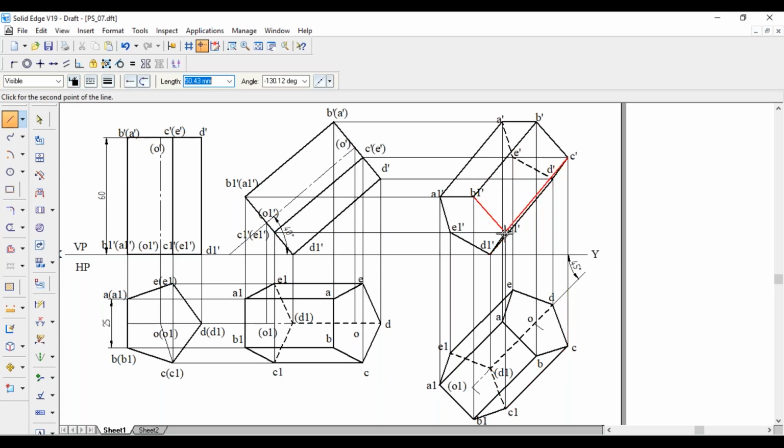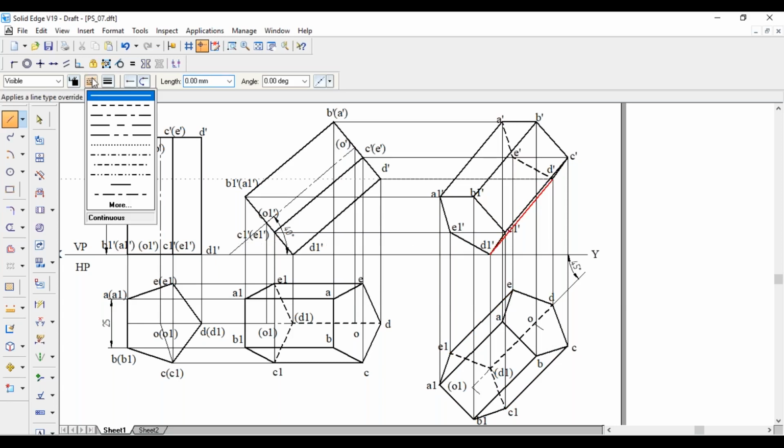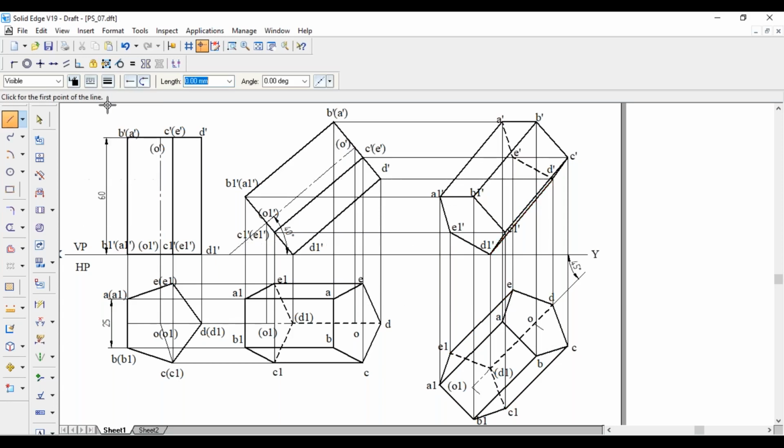Whereas E dash E1 dash, E1 is this line. If you see from this side, this line is invisible, so that is dotted. As E dash consists of three dotted lines, mark that E dash in the bracket.